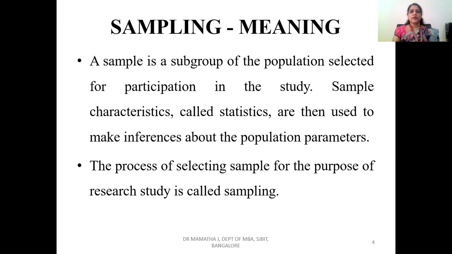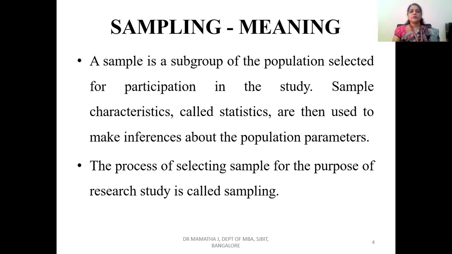Since we have the identified population, take for example, employees in an organization. You're studying an organization and you want the employees to participate in your survey. It might be an organization with thousands of employees working. You cannot do a survey of all those 1,000+ employees; it will be a tedious process.